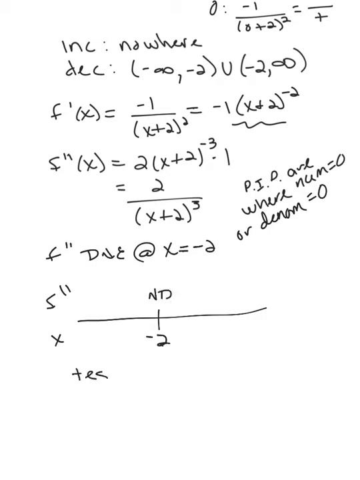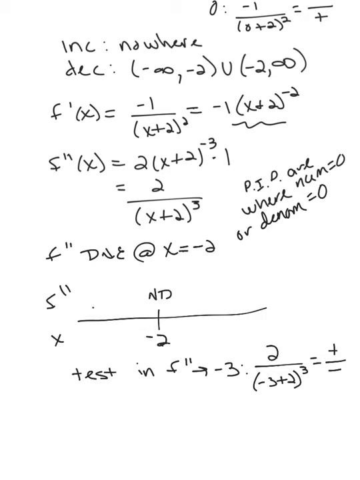We're going to test in the second derivative. Let's do negative 3 again. We would have 2 over (negative 3 plus 2) to the third. Well, the 2 is positive. In the denominator, negative 3 plus 2 is negative 1, to the third power is going to be negative.